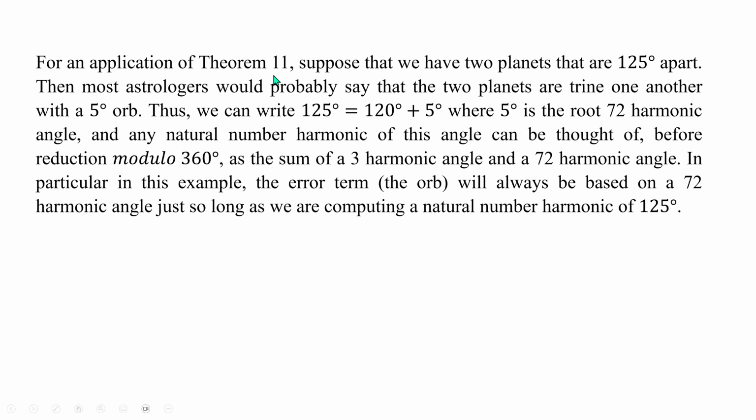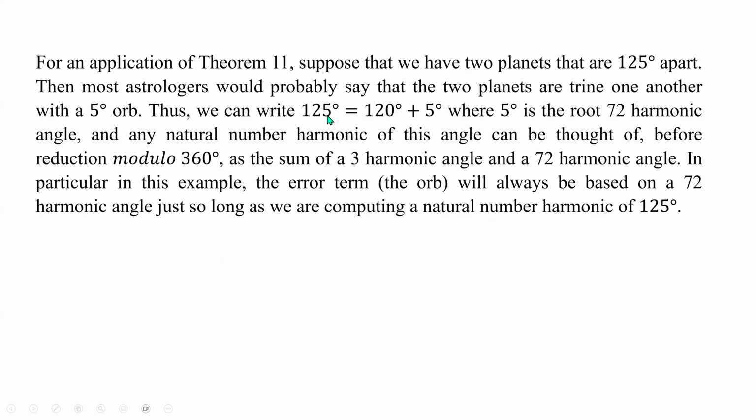For an application of Theorem 11, suppose that we have two planets that are 125 degrees apart. Then most astrologers would probably say that the two planets are trine one another with a 5-degree orb.